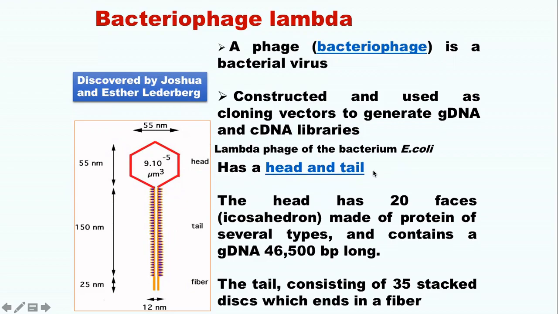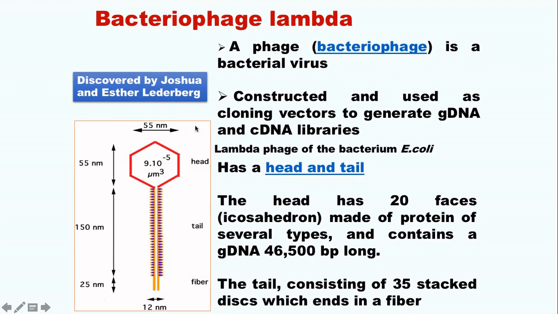The head is an icosahedron, that is, polyhedral in shape, made up of 20 faces and proteins of several types. It contains the genetic material, which is DNA in this case, around 46,500 base pairs long. Then it has a protein tail, which consists of around 35 stacked discs, which end in a tail fiber.